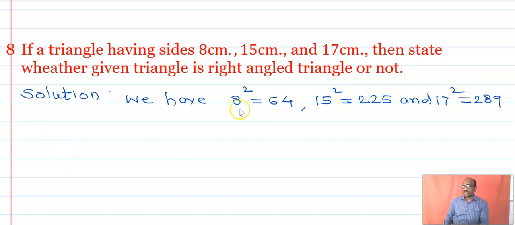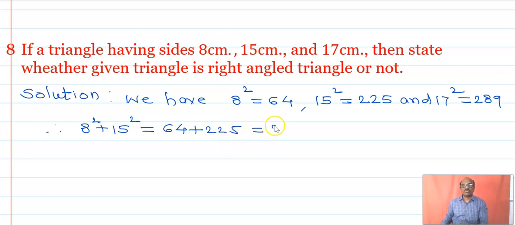Now the sum of the squares of these smaller sides, that is 8 square plus 15 square, equals 64 plus 225, and that equals 289, which is equal to 17 square.